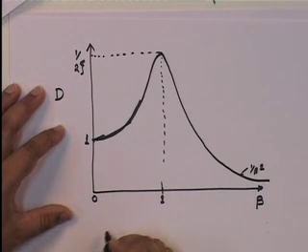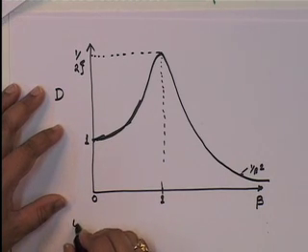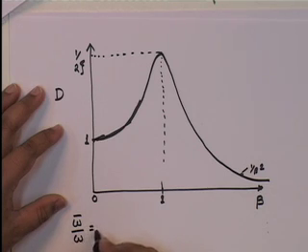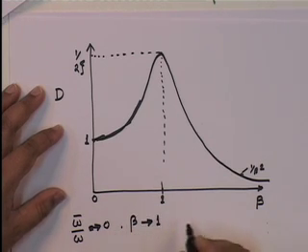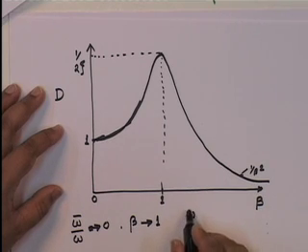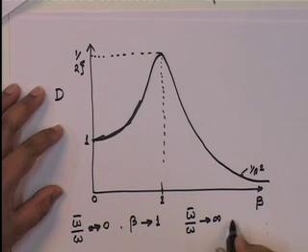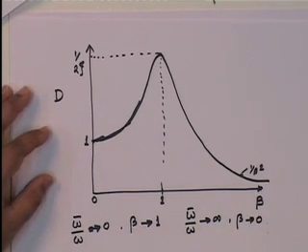If omega bar upon omega tends to 0, then D tends to 1. If omega bar upon omega tends to infinity, D tends to 0.